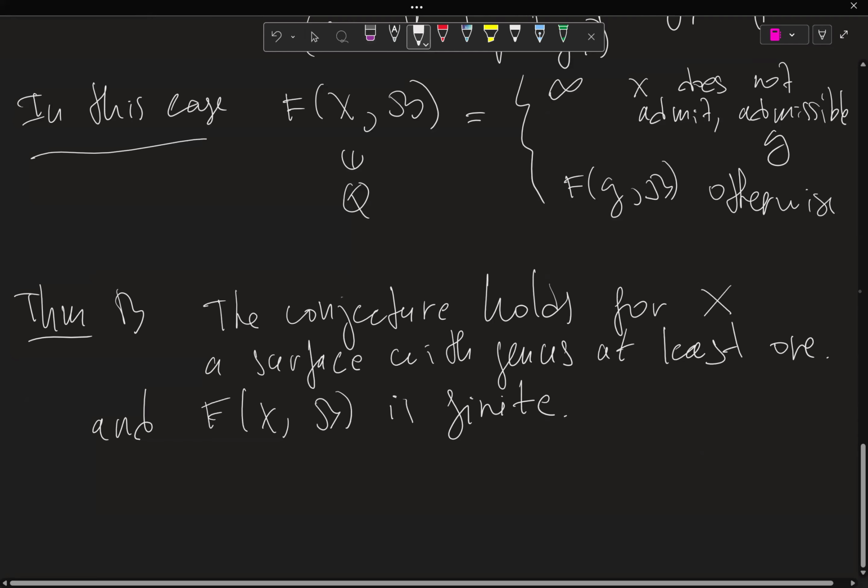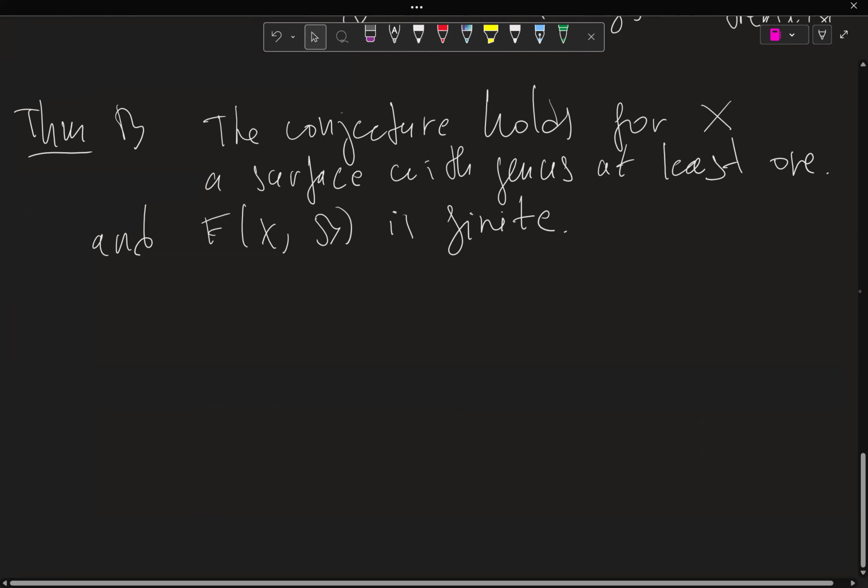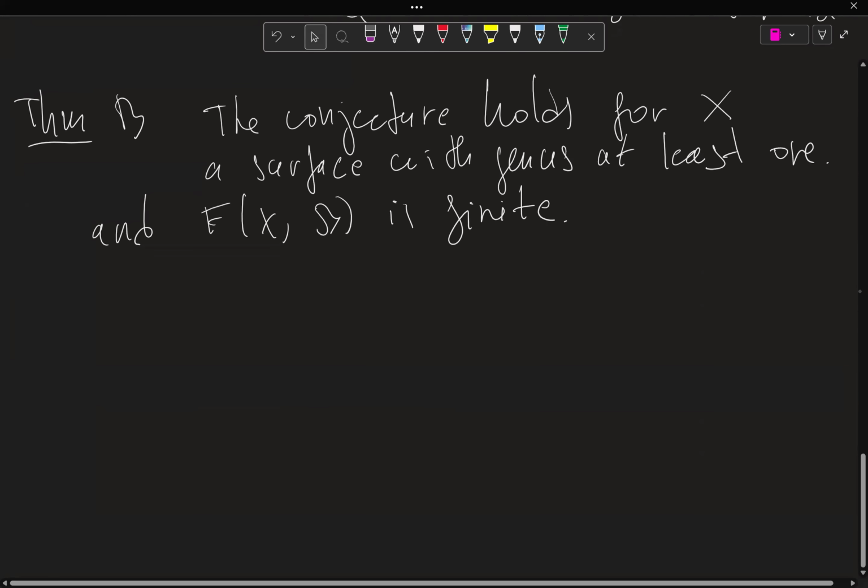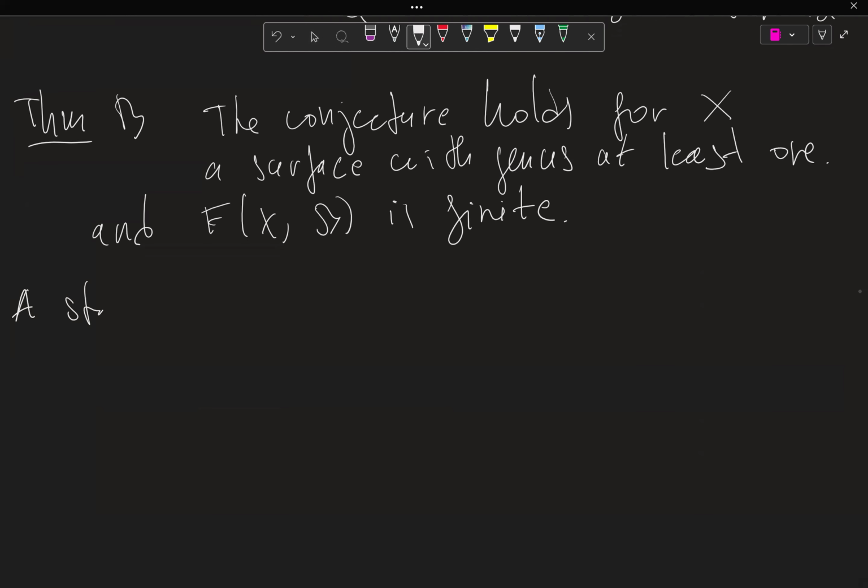So in the rest of the talk, I would like to outline a proof of this theorem. In order to do that, I'm going to introduce a stronger conjecture, and it's about geodesic sky catastrophes.